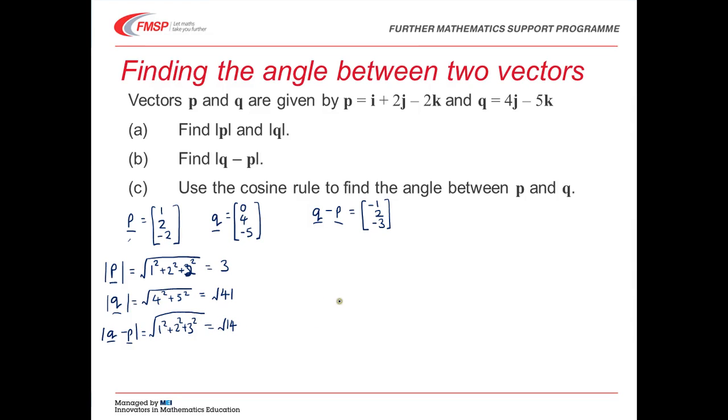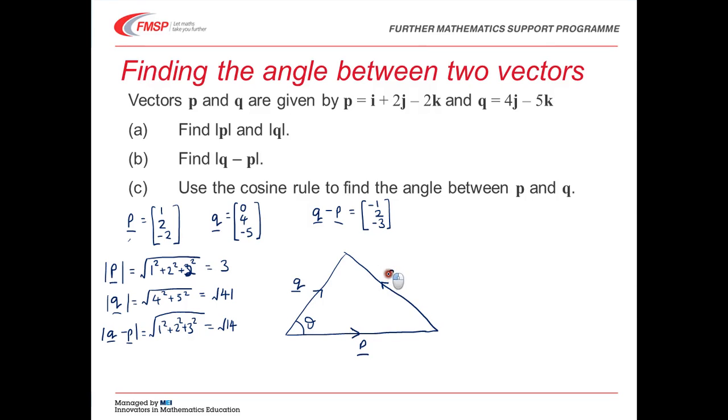Then it's asked us to use the cosine rule, so we need to draw a triangle. So I'll call this vector here P and this vector Q, and notice that I've placed them tail to tail. So this angle theta is the angle between them.